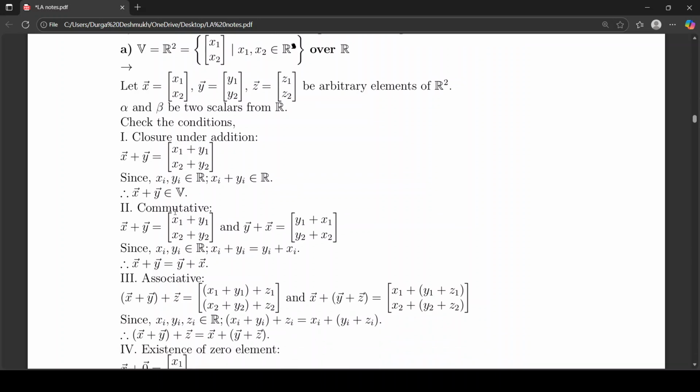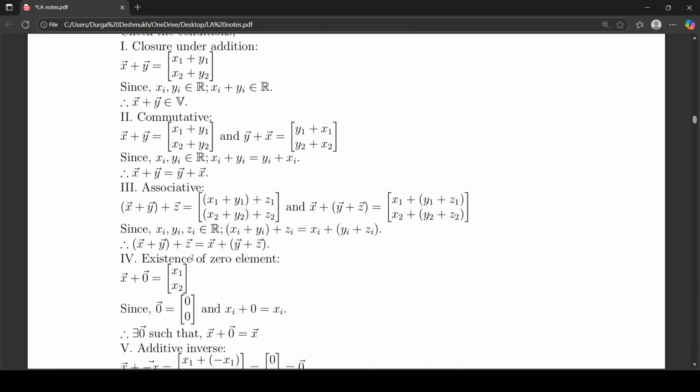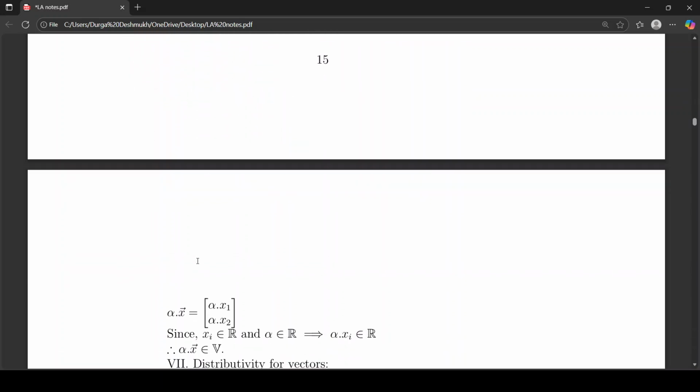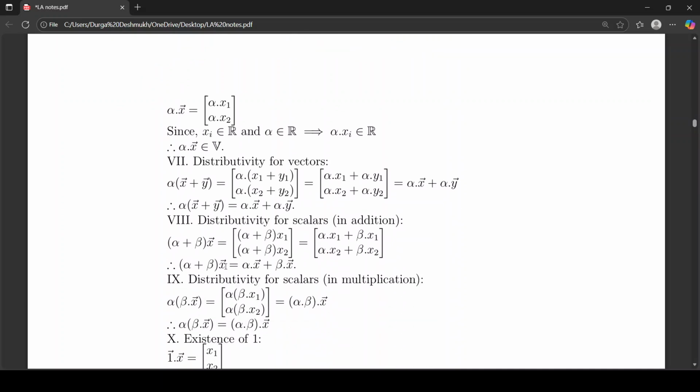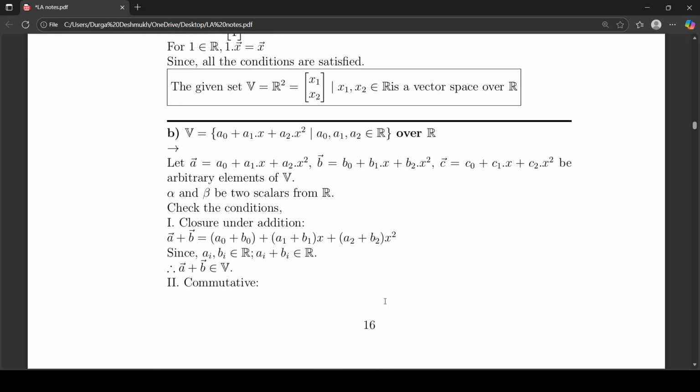So here you can see how I have explained everything in detail. We will explain the existence of zero, scalar product closure, etc. Existence of 1. Since all the conditions are satisfied, the given set is a vector space over R.